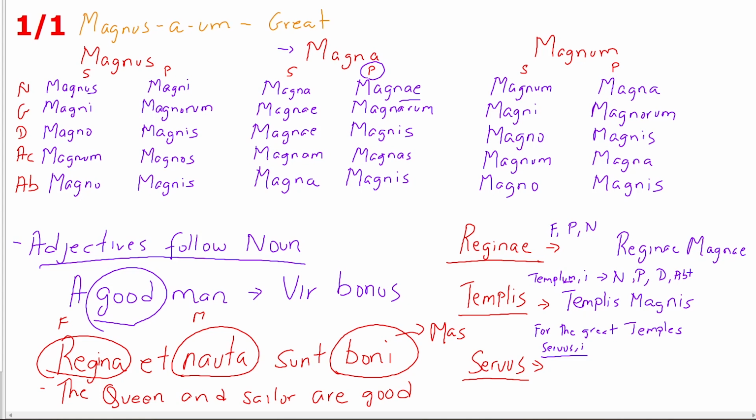Masculine, right? Because it is ending with us. Then what is the number? Singular. And what is the case? Nominative. So if I want to say the great slave, how will I write this? Servus magnus.